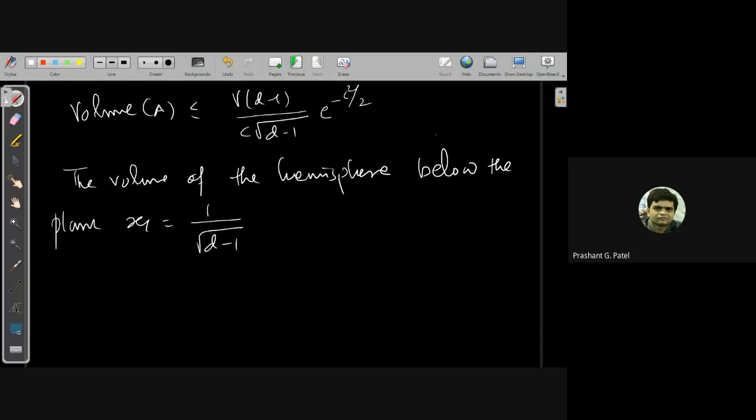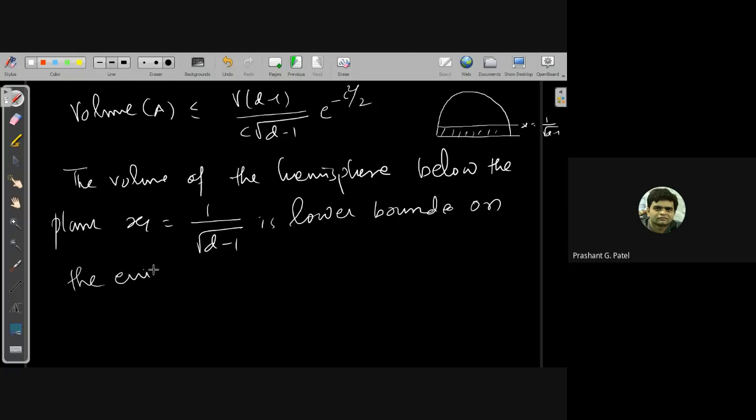So here this is the hemisphere, and there is one line, that is x equal to 1 upon square root of d minus 1. Below this, that means this we are talking about, is the lower bound on the entire volume of the upper hemisphere.